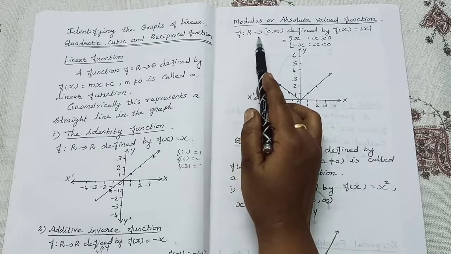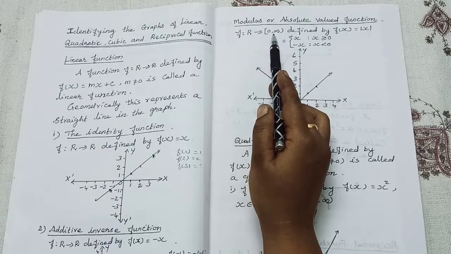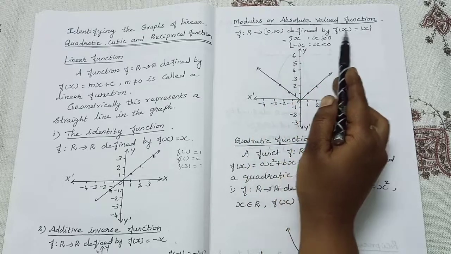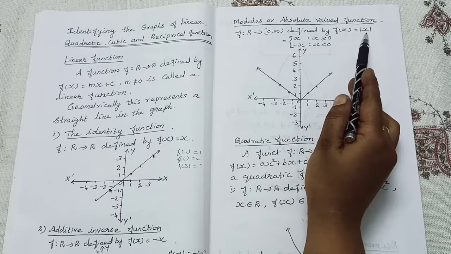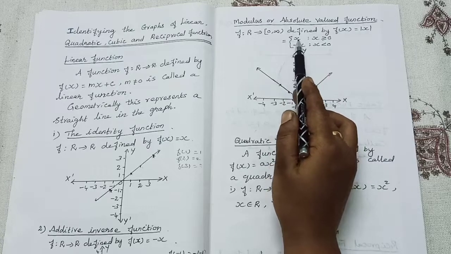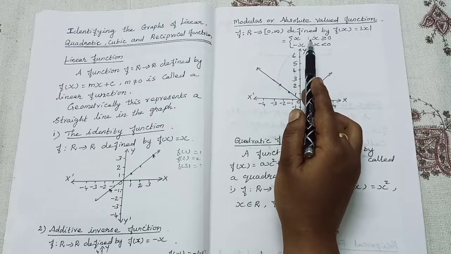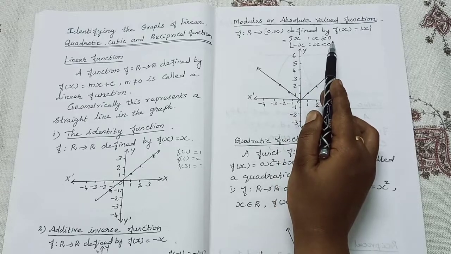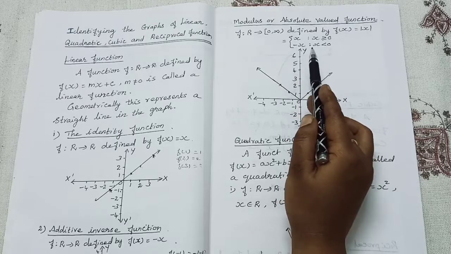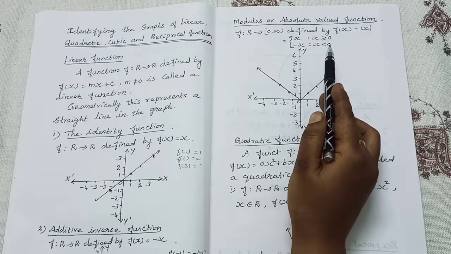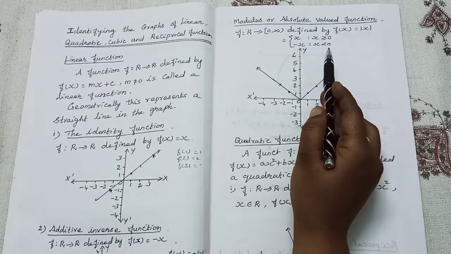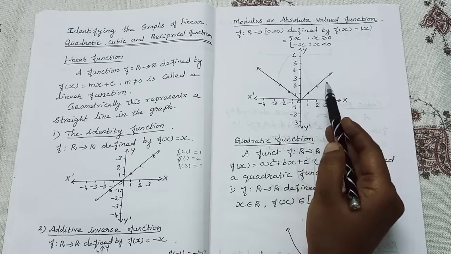Here f from R to [0, infinity) is defined by f of x is equal to modulus x, which equals x when x is greater than or equal to 0, and minus x when x is less than 0. Okay, have you understood?